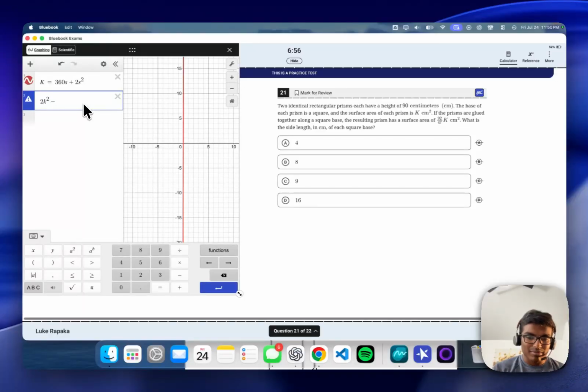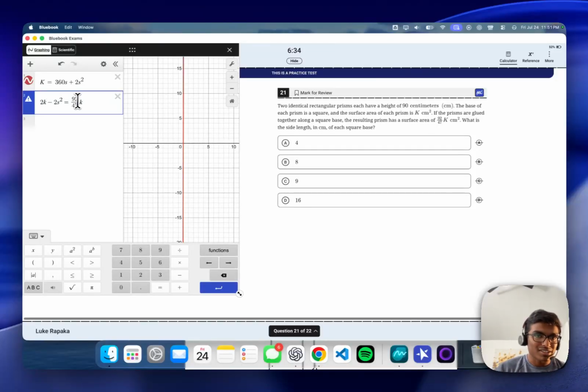So minus 2s squared equals 92 divided by 47. Just bear with me, it's gonna make sense, I promise. Oh, this is also just 2K, not squaring, my fault. Because you have two of those prisms and then two of those sides, right?